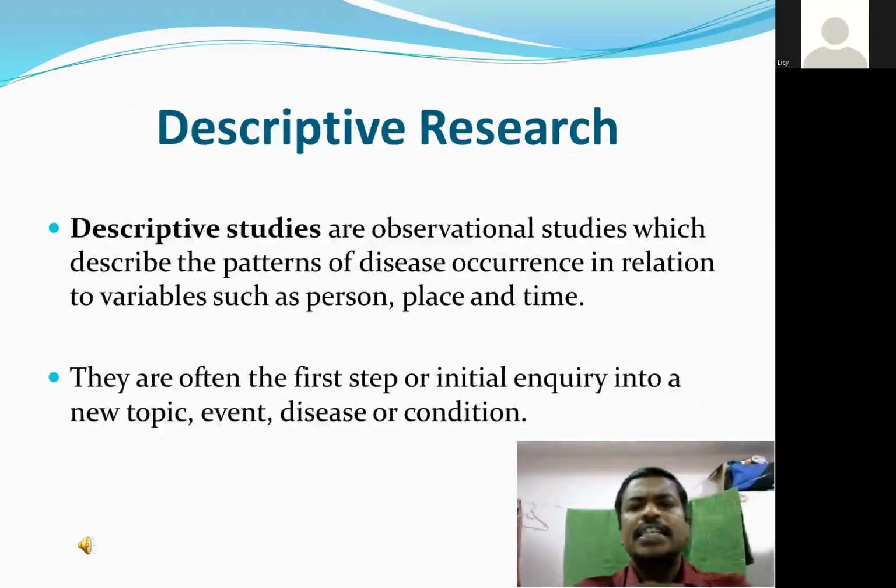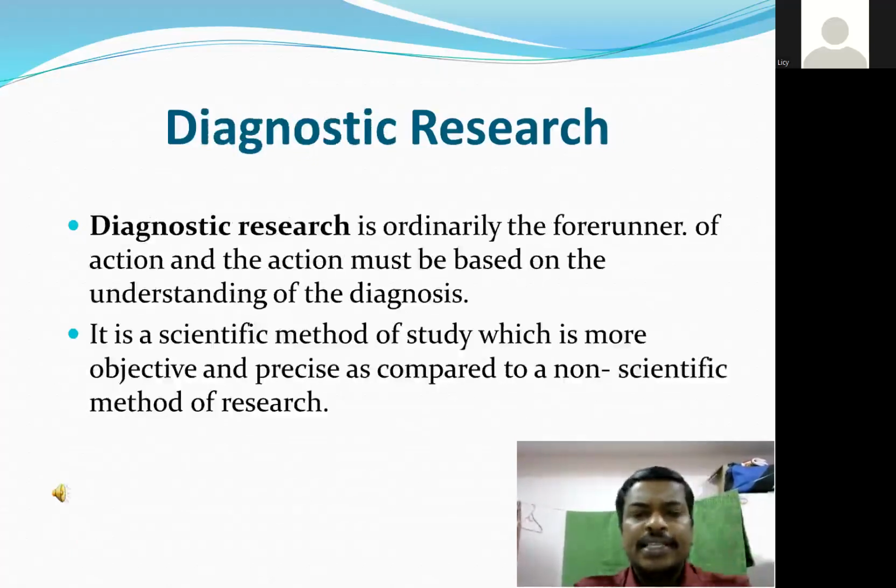And then descriptive research, that means observational studies, which describe the patterns of disease occurrence in relation to variables such as person, place, and time. And then diagnostic research. Diagnostic research is ordinarily the forerunner of action, and the action must be based on the understanding of the diagnosis.